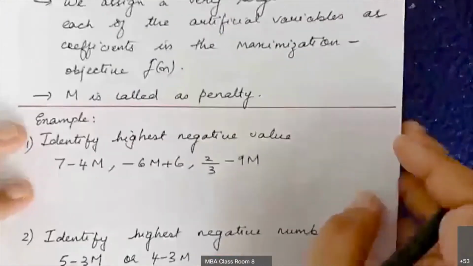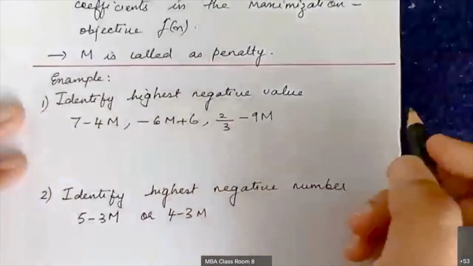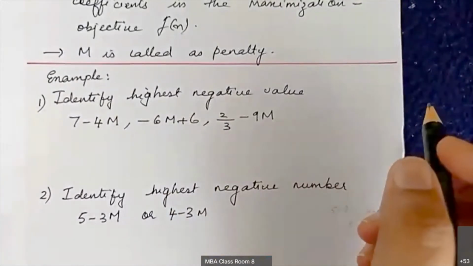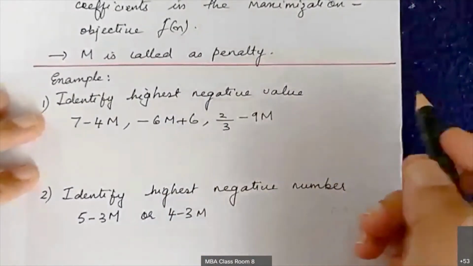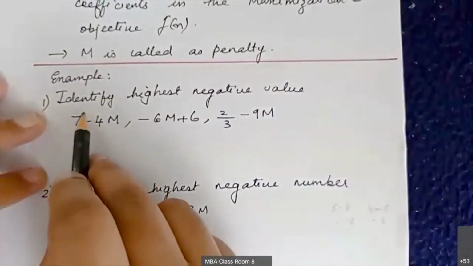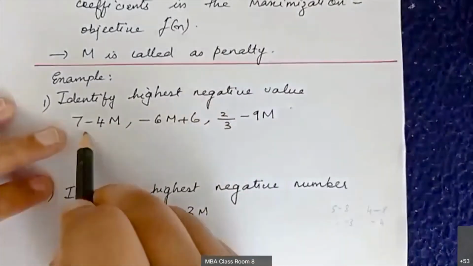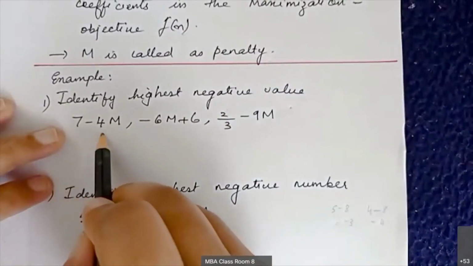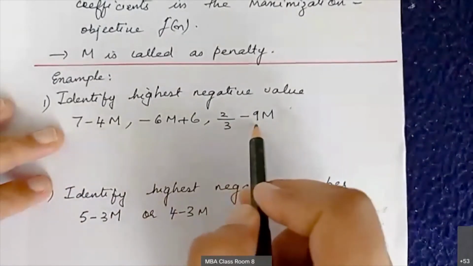Okay. So before we go into the problem, there are a few things that you must understand regarding the negative value and highest negative value. So we have over here one question. Identify highest negative value. First one is 7 minus 4M, 6 minus 6M, and 2 by 3 minus 9M.